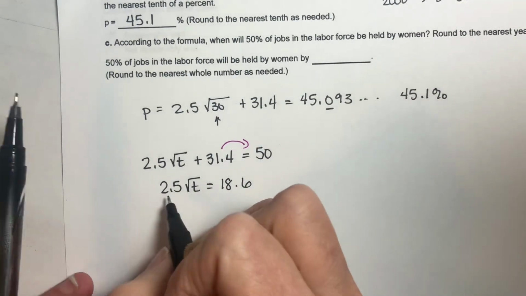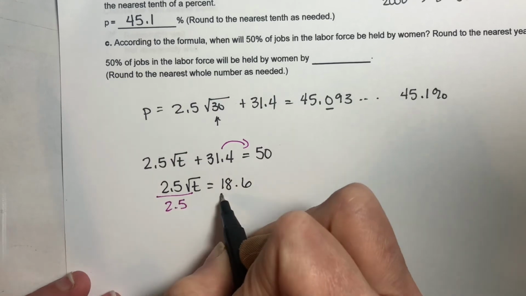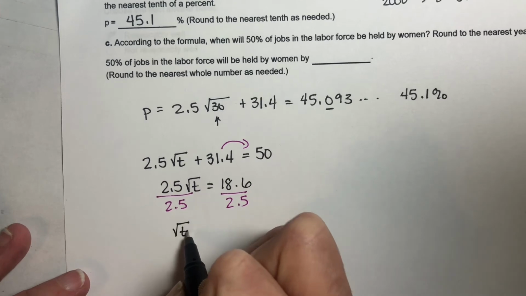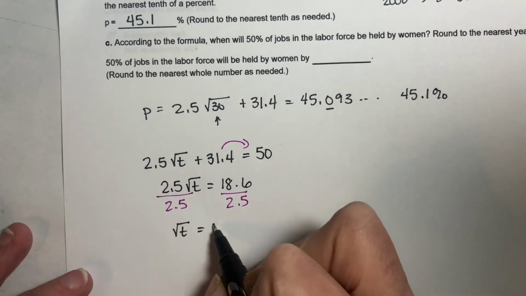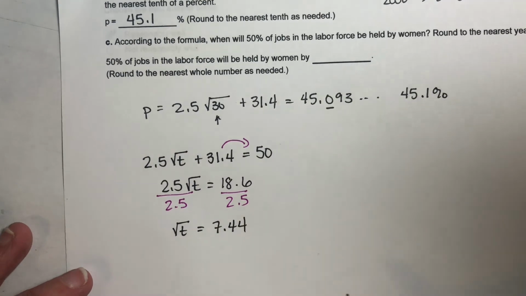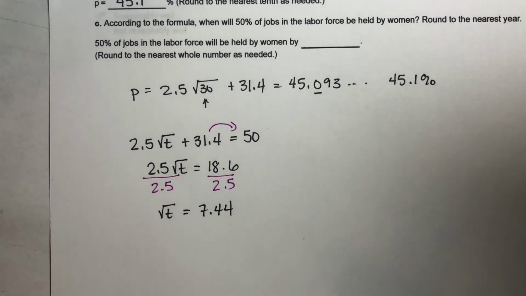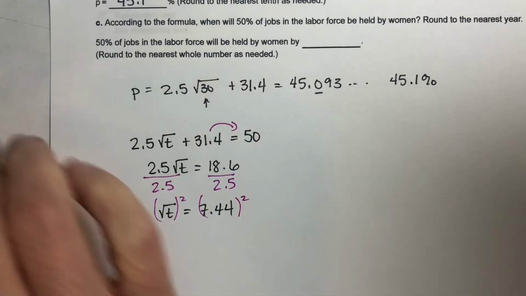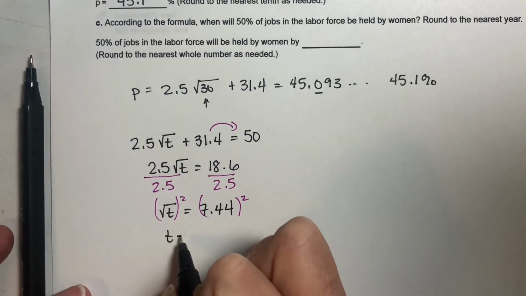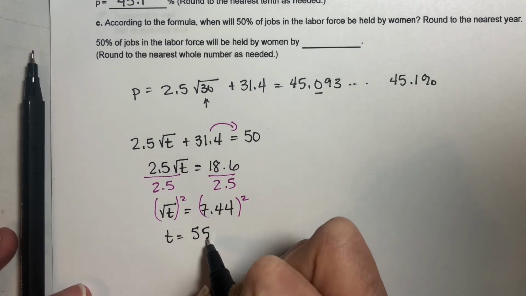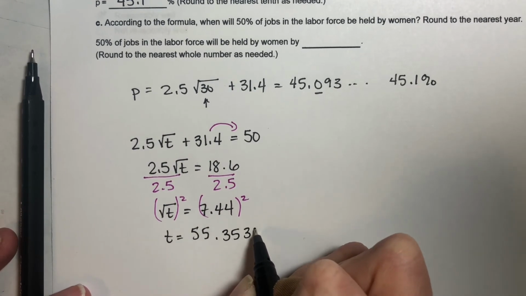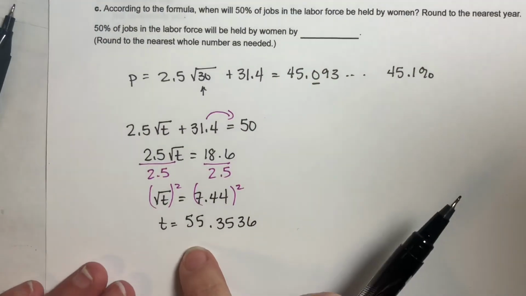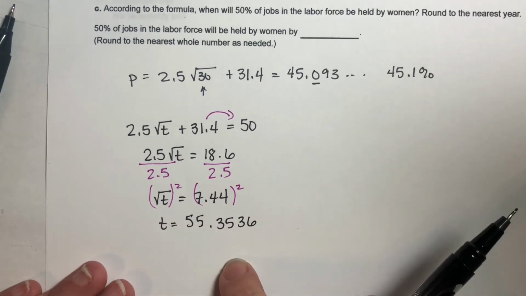Now I want to divide both sides by 2.5. So I get the square root of T is equal to 7.44. Now we need to square both sides. And you get T is equal to 55.3536. Now we're asked what year this happens in, and we know that our T represents the number of years after 1970.